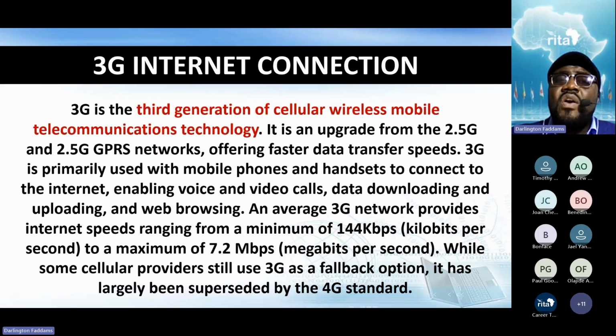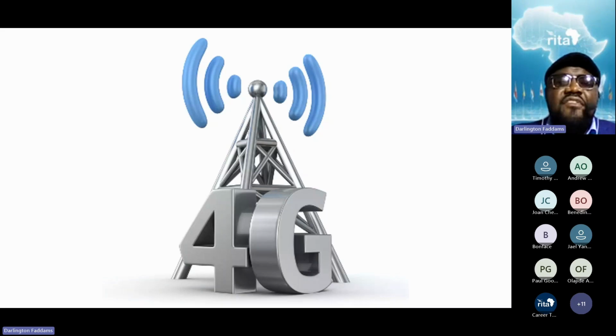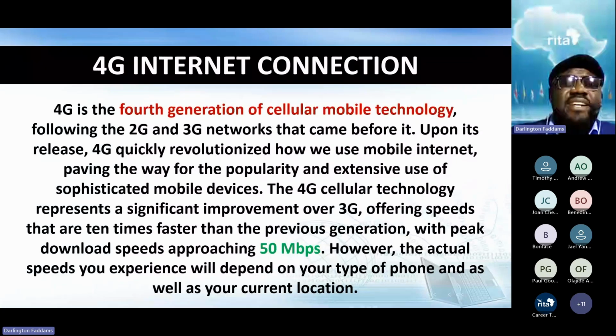Several years ago, all we had was 3G. And so in those days we were not enjoying YouTube and TikTok, and those things were not even around. Until we got to what we call 4G. And 4G is an upgrade of the cellular mobile technology following 2G and 3G that came before it.